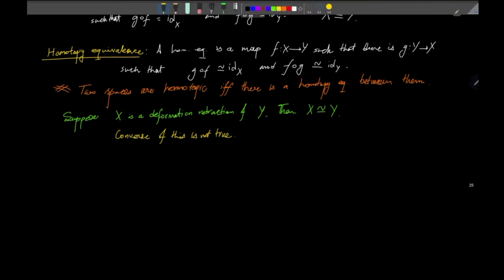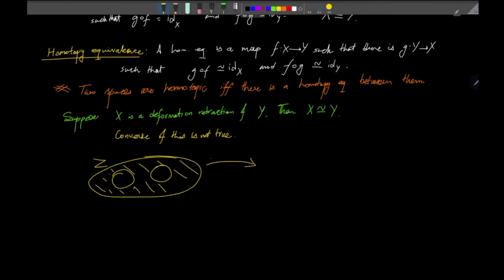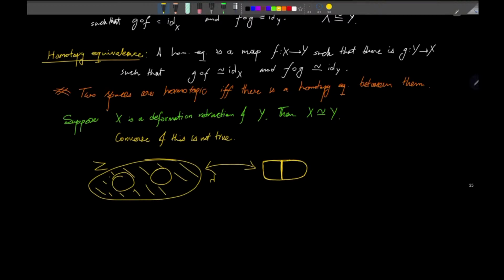We can see this example, which is, let's say, a blob with two holes in it. Let's say it is a main space, let's say Z. You can construct out of it two distinct deformation retracts, one of which looks like this, just a cell, or a rectangle, or another blob with a line joining the two ends. This is a deformation retract of the space. Let's call it X.